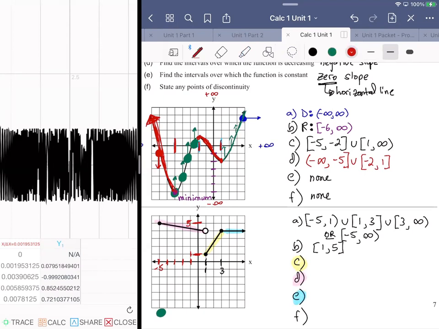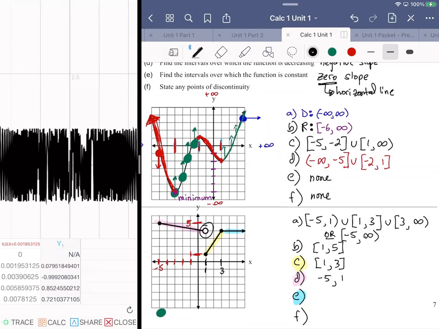I just want to be thinking about the x values for which the graph is increasing. It seems to happen between 1 and 3. The x values for which the graph is decreasing, that seems to happen between -5 and 1.